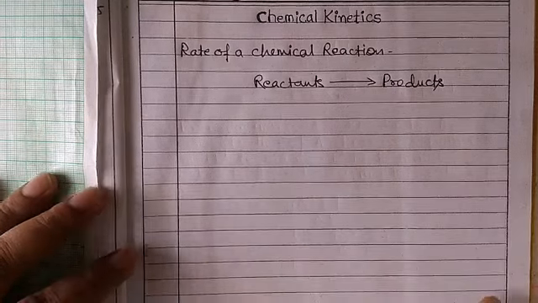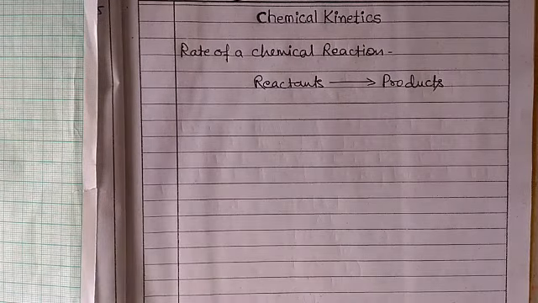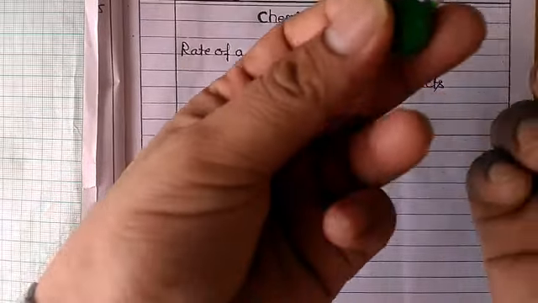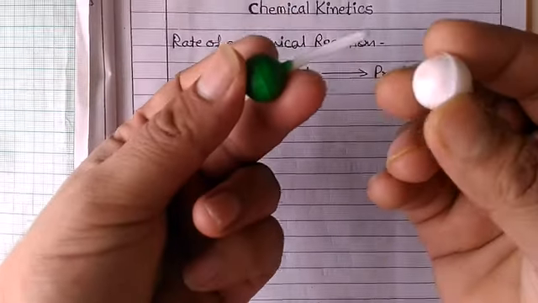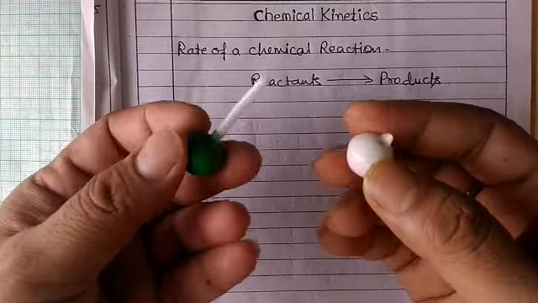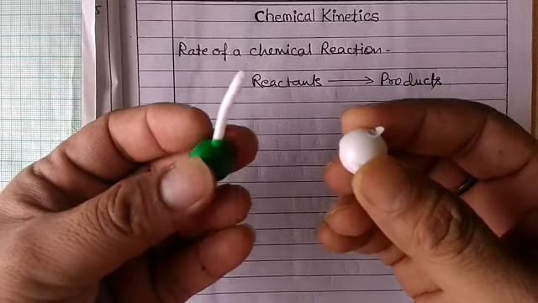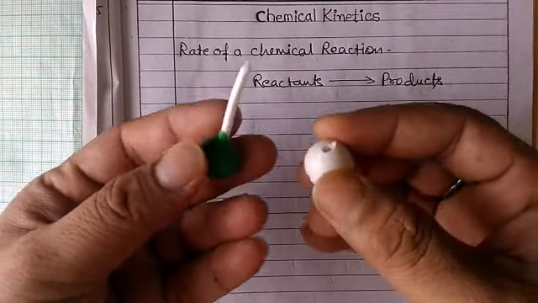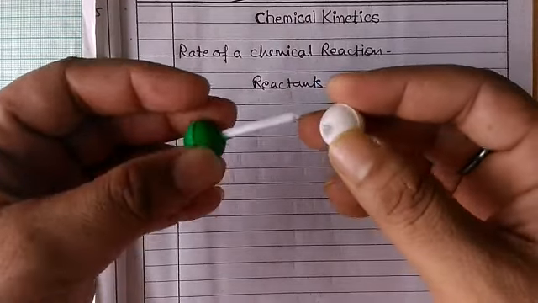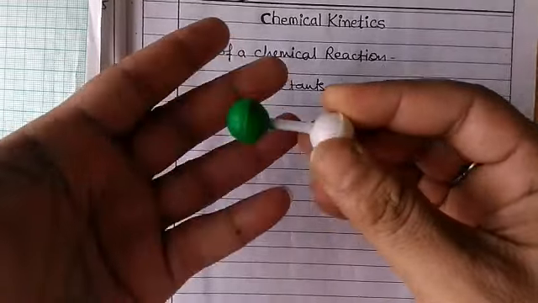So how these chemical reactions are going on, let's understand what factors may be influencing. Consider these two types of particles. These balls are representing two atoms. They are moving in space. Until and unless they are oriented in a certain manner, they cannot form a single product.